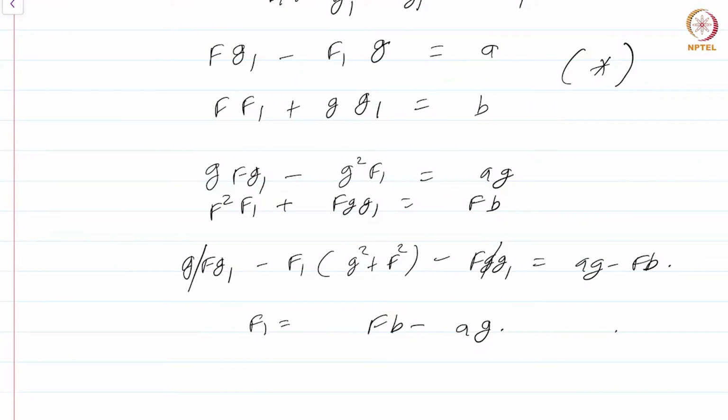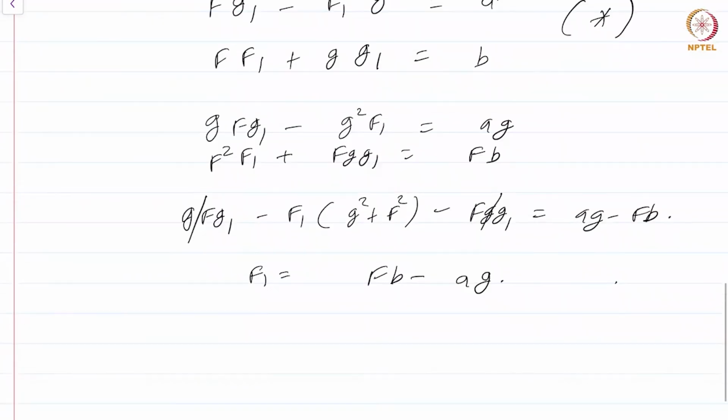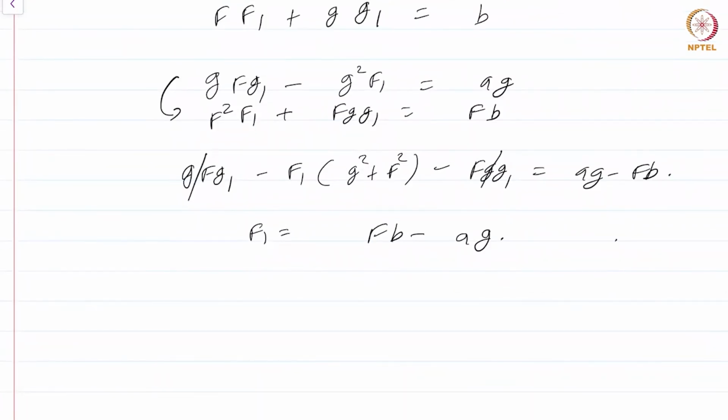Again multiply the first equation by g and the second by f, and this time add these two equations. A bit of algebraic manipulation will give you g1 equal to af plus bg.